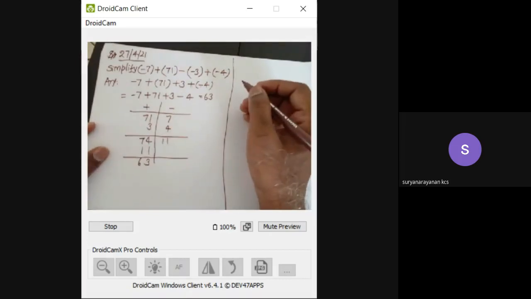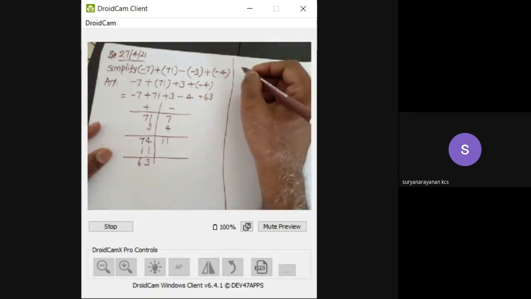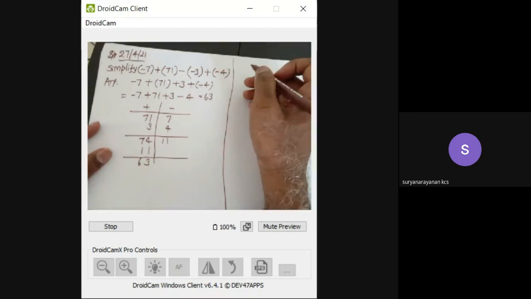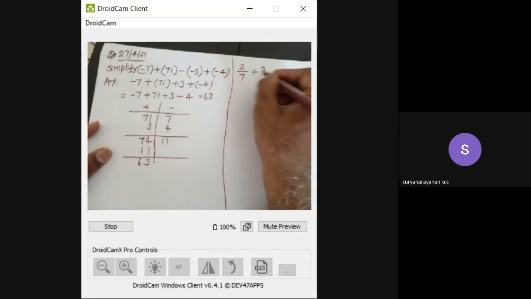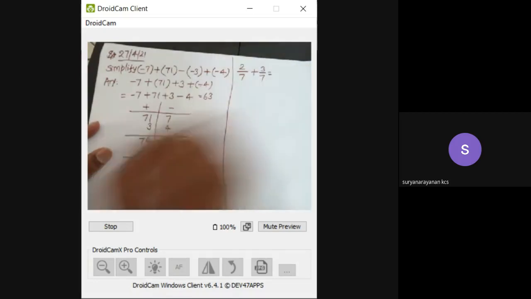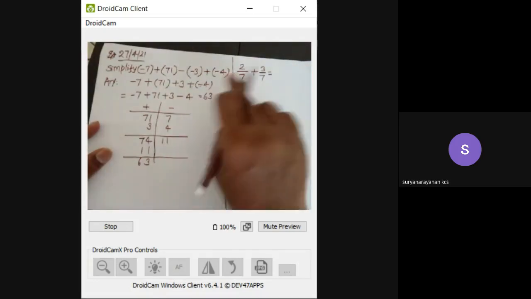Next, addition of fractions. Like fractions we have already discussed in the bridge course. Addition of like fractions, subtraction of like fractions, addition of unlike fractions, subtraction of unlike fractions. Which type of fractions are these?